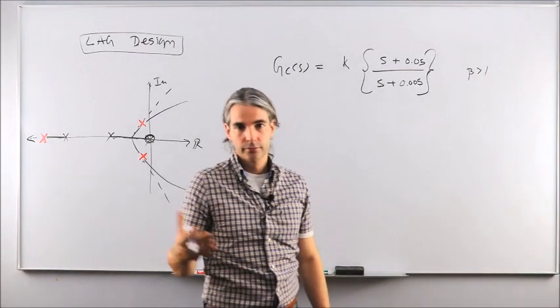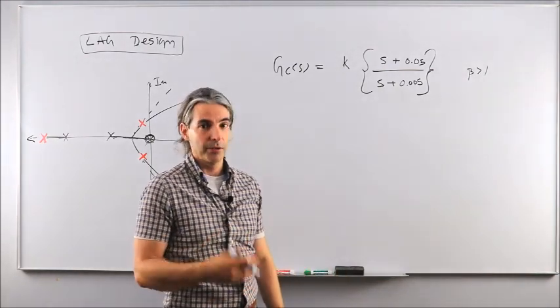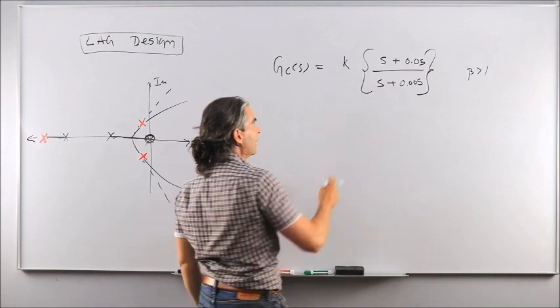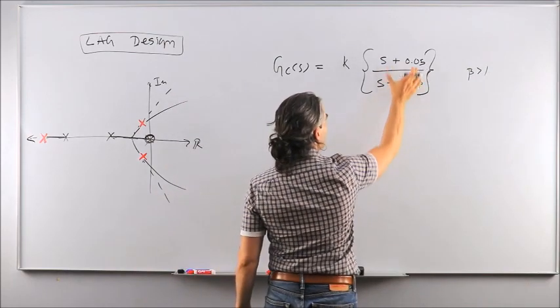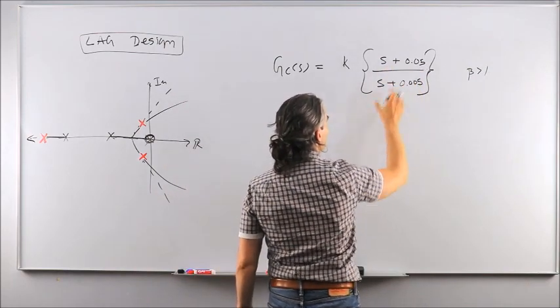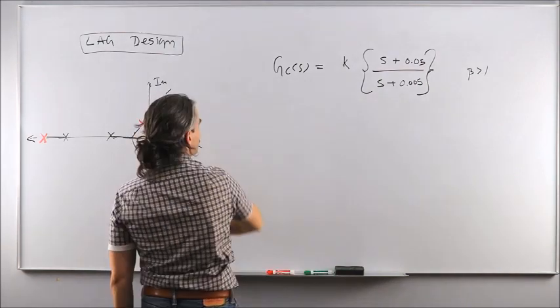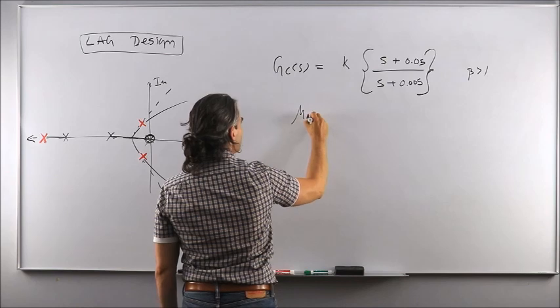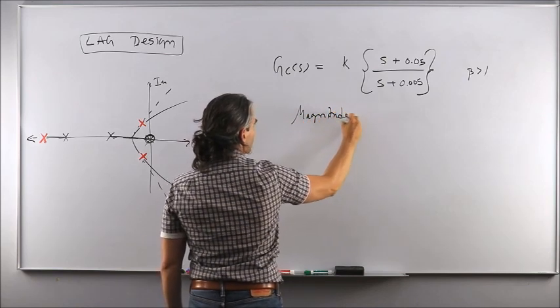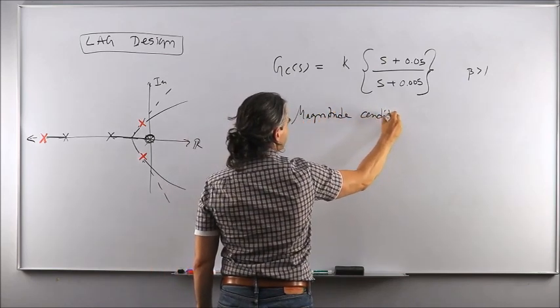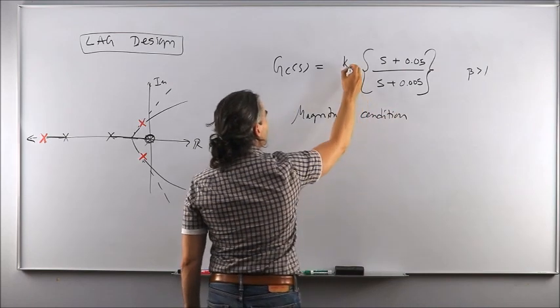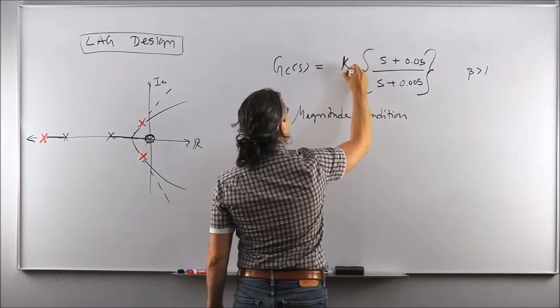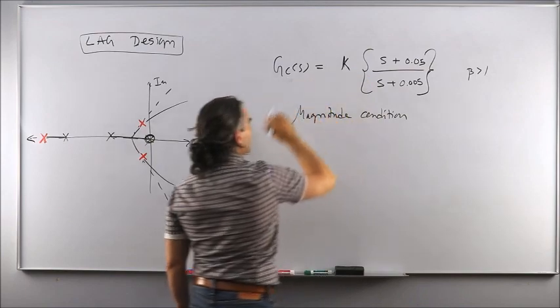But for all practical purposes, this is very negligible, and therefore you assume that the phase provided by those two things are canceled by one another, evaluated at s star, okay? But you need to worry about the magnitude condition, just to figure out what would be the value of the static gain of your compensator.